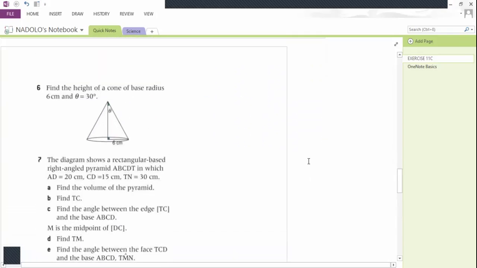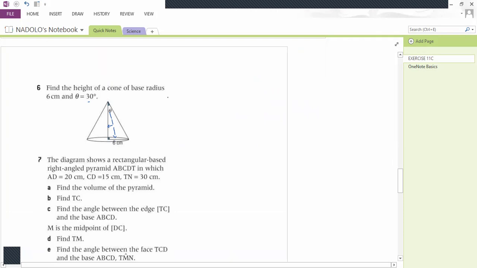Number 6 is find the height of a cone of base radius 6 centimeters and theta is 30. So this is the height. This is 90 degrees. So we have a right angle triangle. This angle has an opposite side, and we are looking for the height, which is the adjacent of that angle.